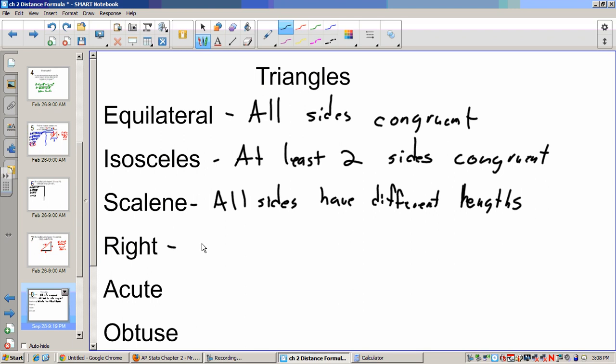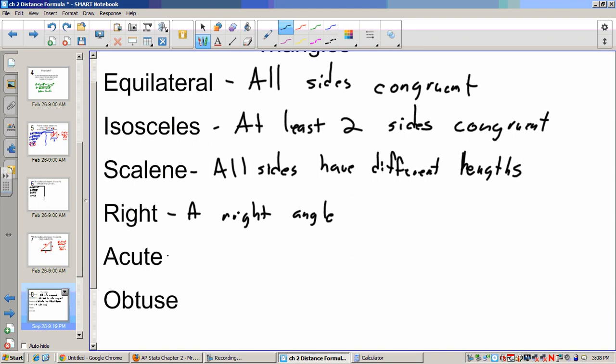Now a right triangle has a right angle. An acute triangle, all angles are less than 90 degrees.